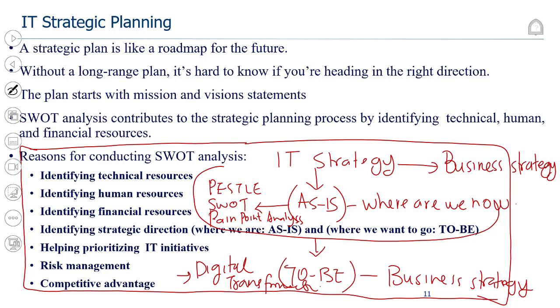No. The business has to decide they want to go digital or have an online presence. Then IT will help them get digital by implementing digital technologies, because that is our specialization. But whether we want to go digital has to be the need of the business. The business must have had the need to do that, okay?